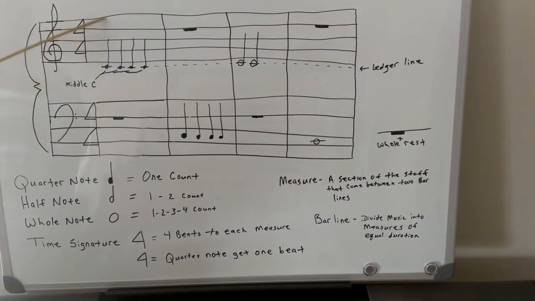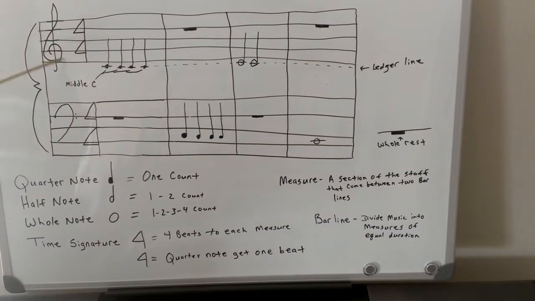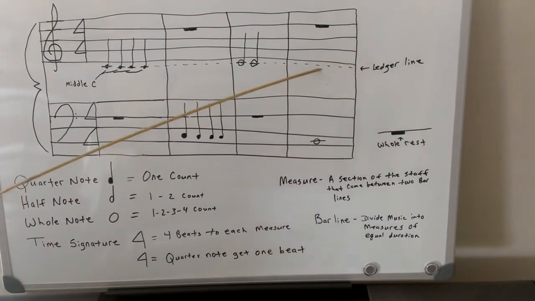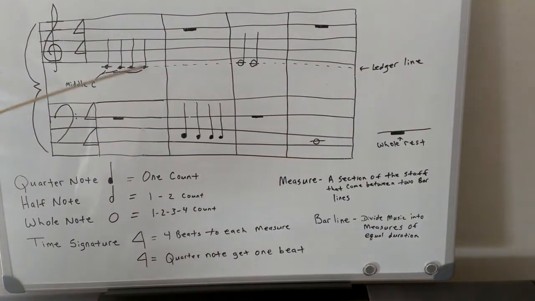It's not part of the 5 lines that build up this treble clef, the G clef. So this is C, the vacant space there would be D, and the line would be E. Being limited to 5 lines, you have to have an imaginary ledger line to annotate that this is the middle C.